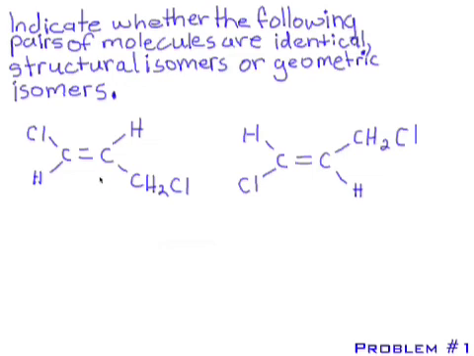Well, what I have here is a 1, 2, 3. That's a propane. It looks like a 1-propene. And then it looks like the chlorines are at 1 and 3. This looks like a 1,3-dichloropropene, or prop-1-ene.